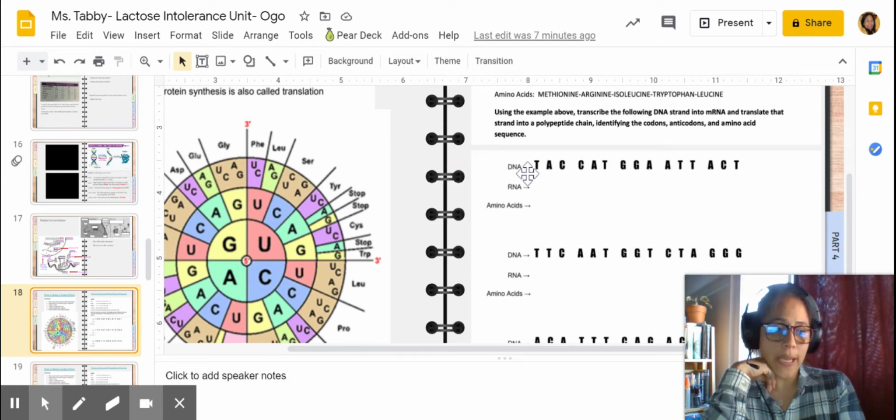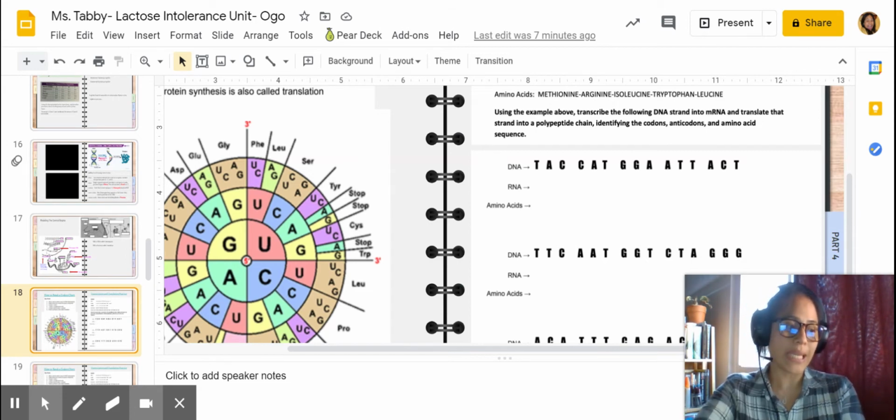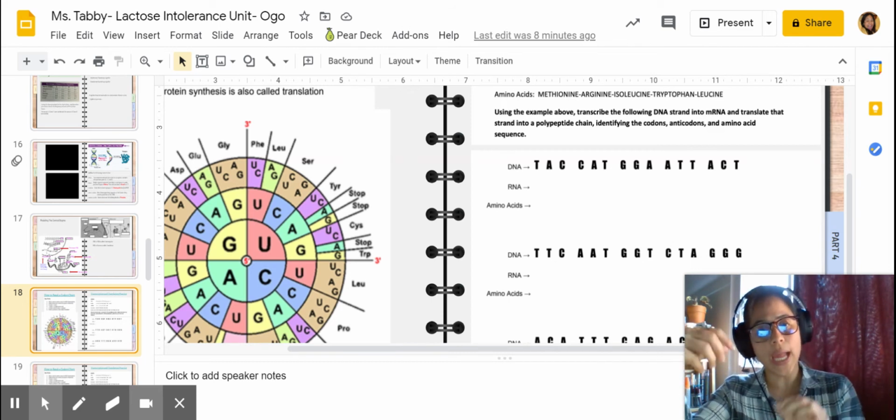Back when we're looking at the DNA, we had A with T and C with G. However, when we transcribe DNA to RNA, another compound comes into play, and that compound is called uracil, which completely replaces thymine in this transcribing process, which means that when we're looking at transcribing the DNA, these codons into other codons throughout the RNA, we're looking at replacing the T's with A's, the A's with U's, not with T, C with G, and G with C.